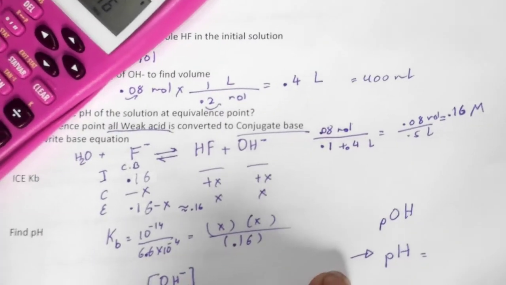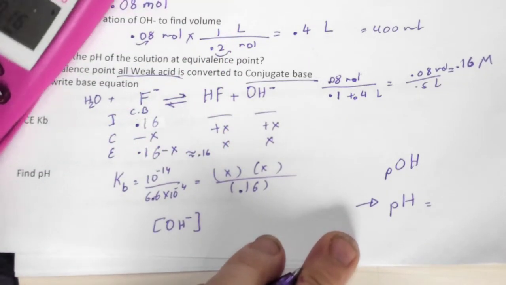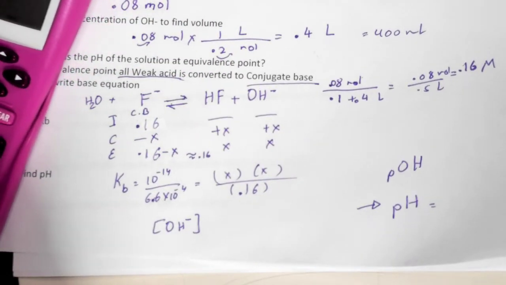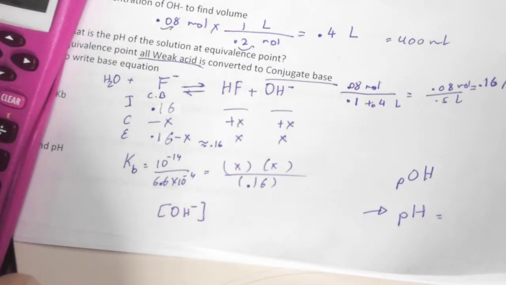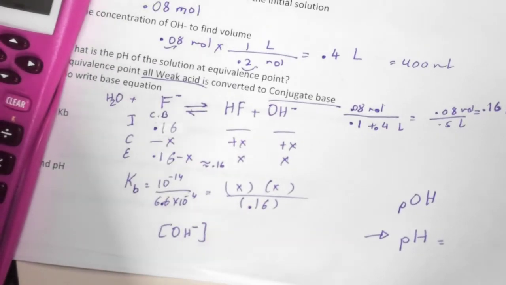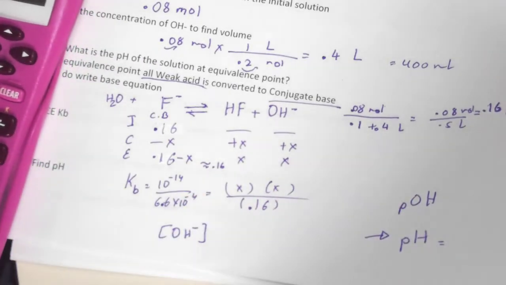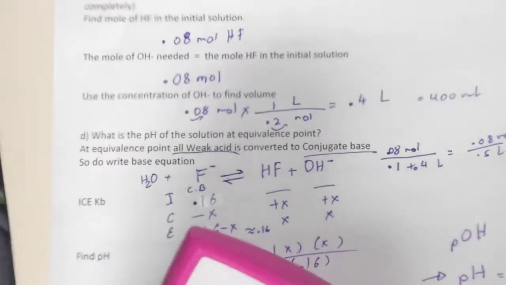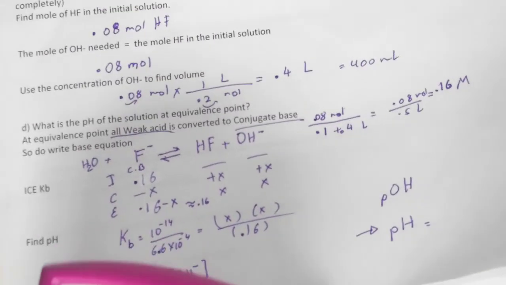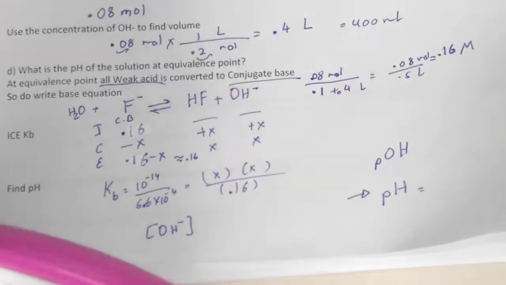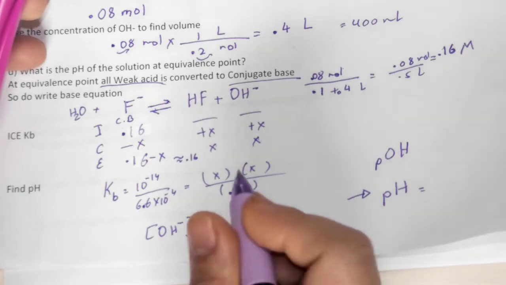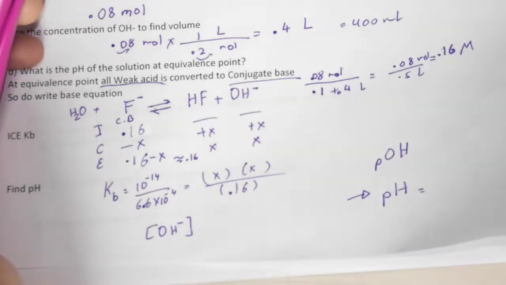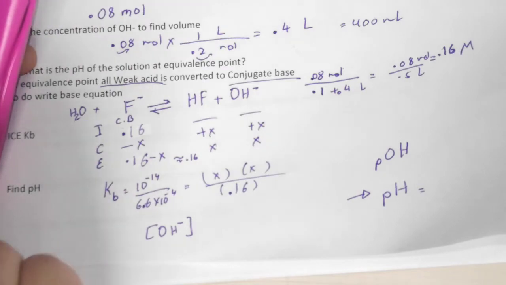Okay, so let's go ahead and solve these. 10 to the negative 14 divided by 6.6 times 10 to the negative 4. Okay, hold on, it is moving. That's what we're going to have, and then we multiply by 0.16, and then square root to find x.